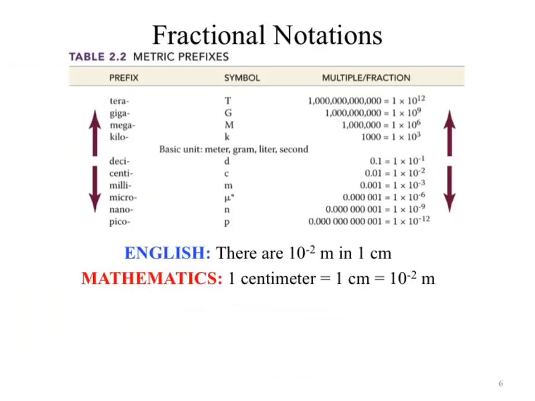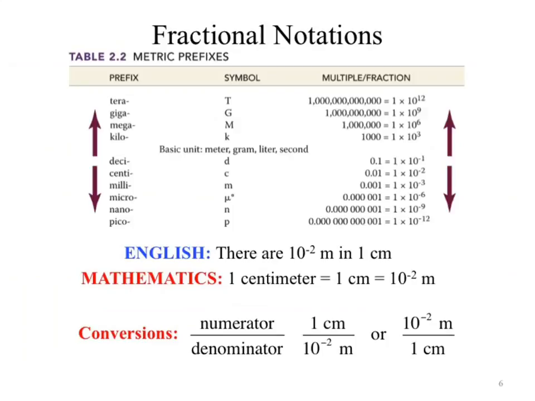We then manipulate that even further into what your textbook calls a unit fraction, and what I typically like to refer to as a conversion factor. And what's going on with that? We're going to take that straight line standard equation and convert it into a numerator and denominator. Okay, why does that work?